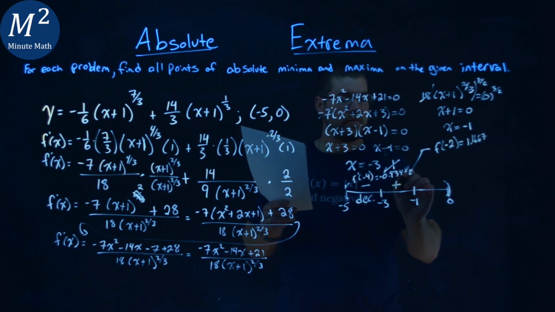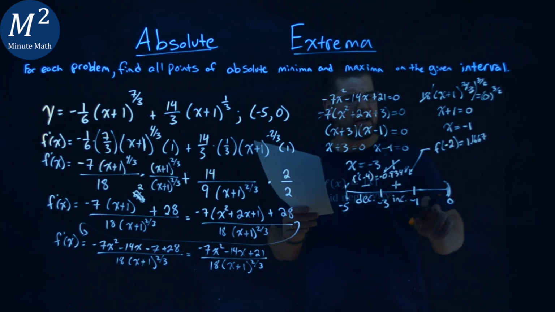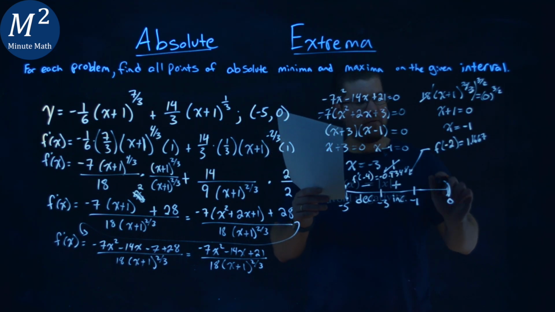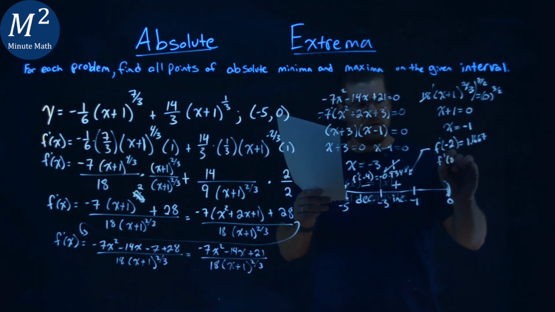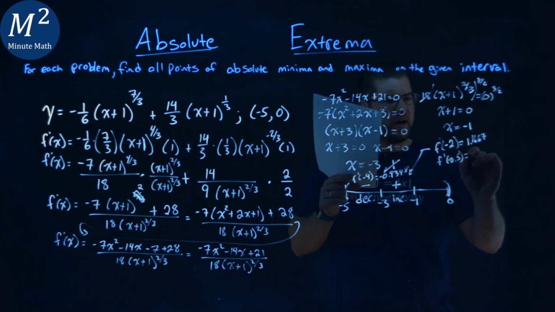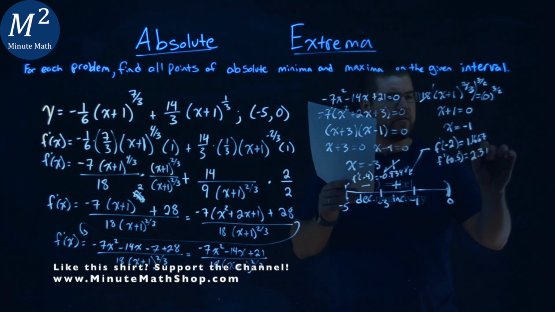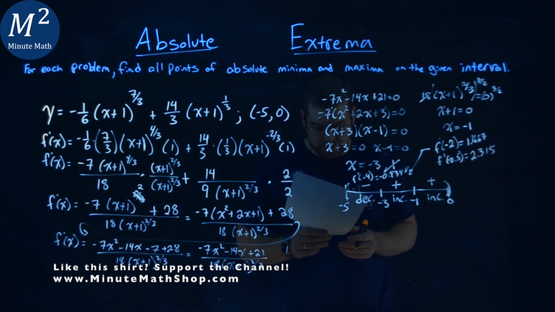That's positive, which is what I care about, so we're increasing there. Between negative 1 and 0, I picked negative 0.5, and f prime of negative 0.5 came out to be a positive 2.315. I just care that it's positive and we're increasing.